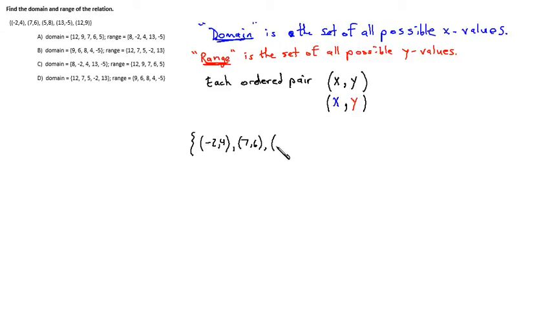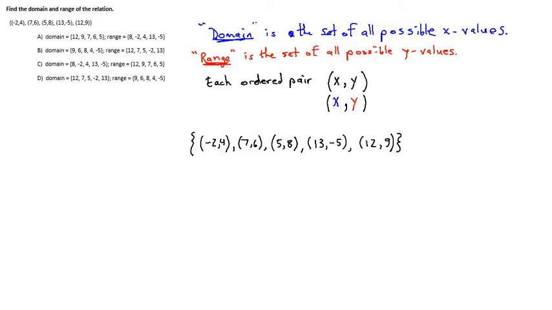The next ordered pair is 5, 8. The next ordered pair is 13, -5. The next ordered pair, last one, is 12, 9. And that completes a set. These are set symbols. So we're being given a set of ordered pairs.